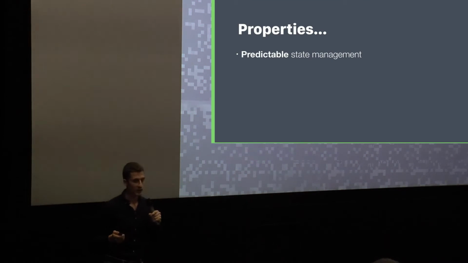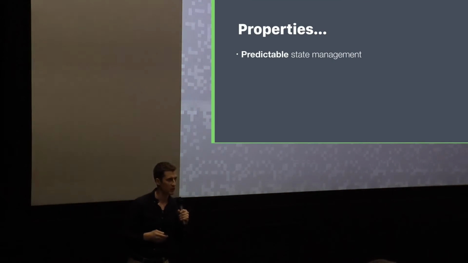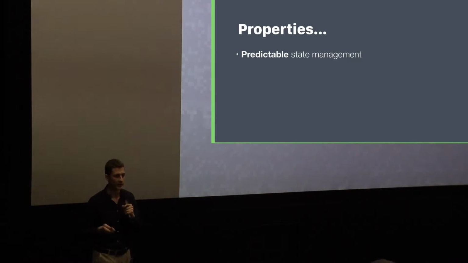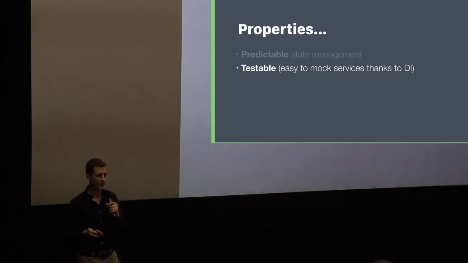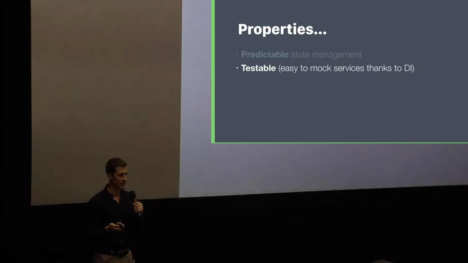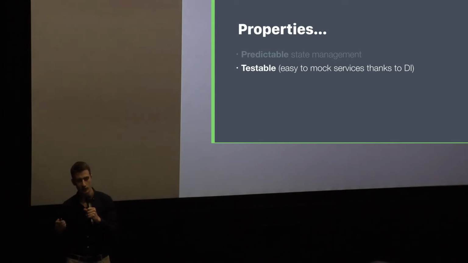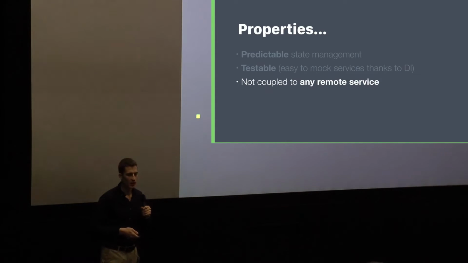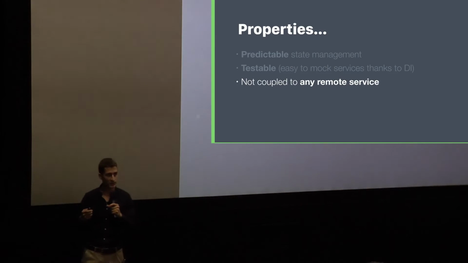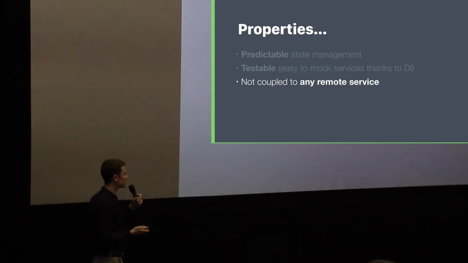OK. So this is how we have predictable state management, because we have a single store of immutable data. We also make our application testable, because in this case, at least, we are using the dependency injection mechanism of Angular 2. And also, our business logic is entirely in reducers, which are pure functions and easy to test. We also haven't coupled to any remote services, because all we are using is only the abstraction called asynchronous service.